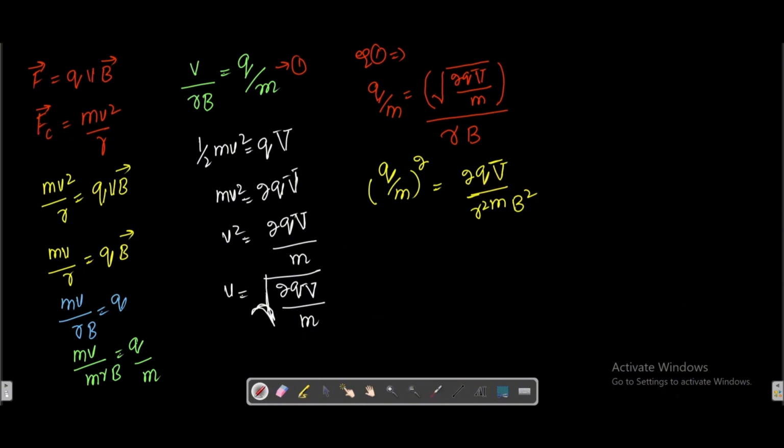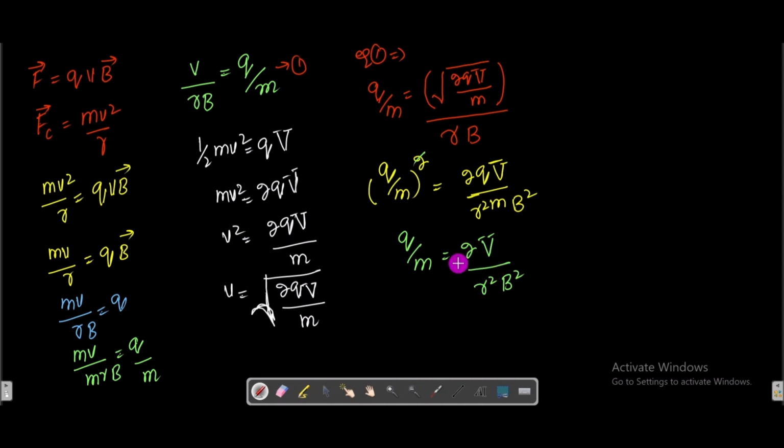So from here this q by m is cancelled with one q by m. So here it will become q by m is equal to 2V divided by r squared and b squared, because here this m and q is cancelled with this m and q, and one q by m is remaining here.